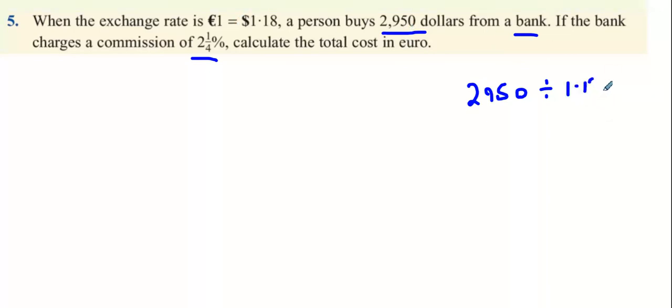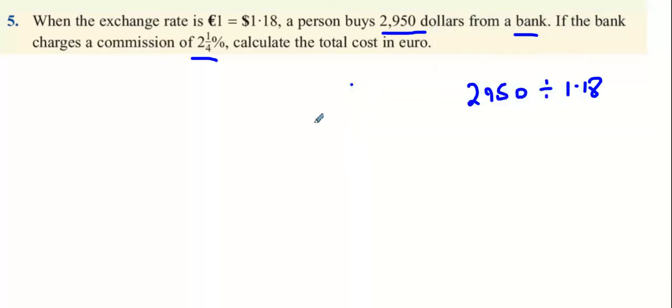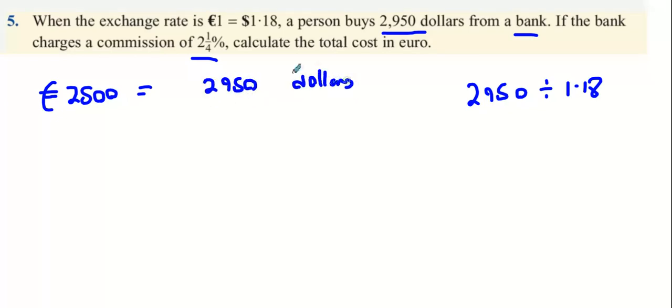If you divide it by 1.18, so 2,950 divided by 1.18, he gets €2,500. Okay, so €2,500 equals $2,950.